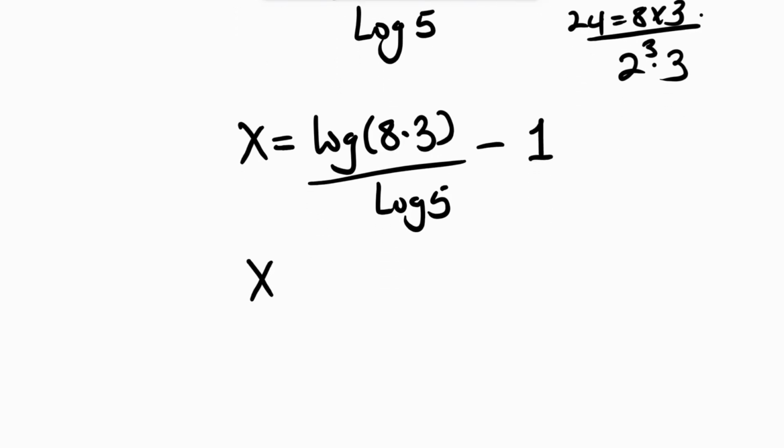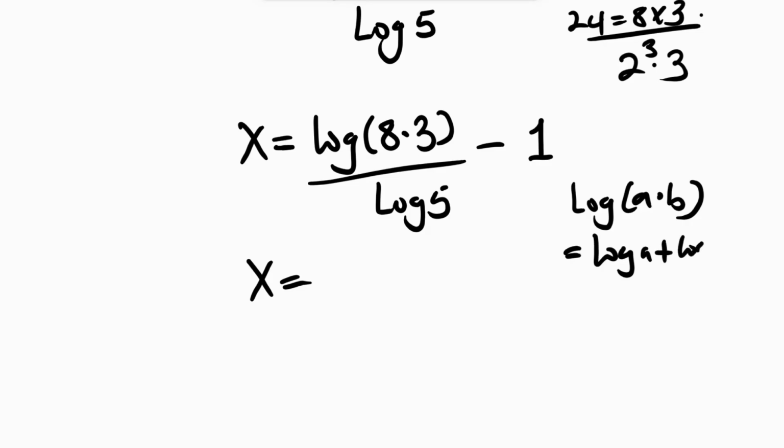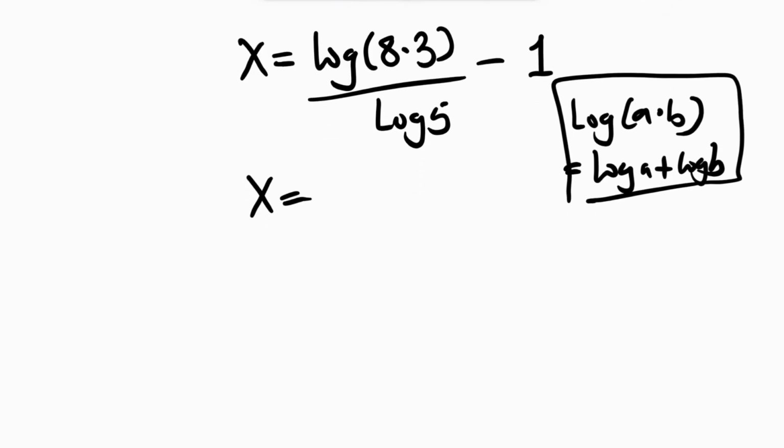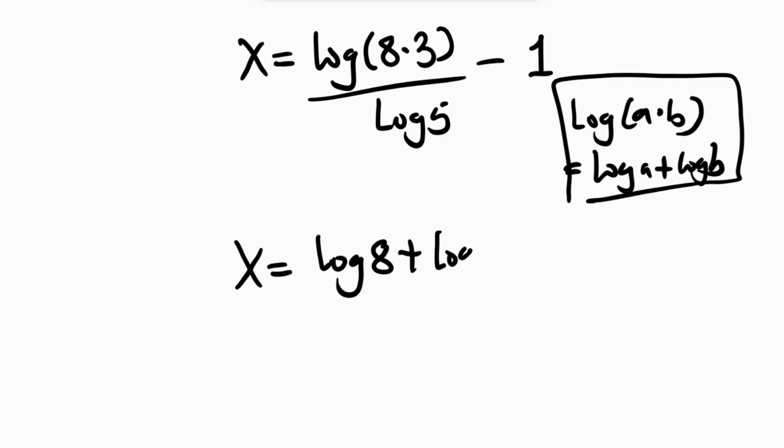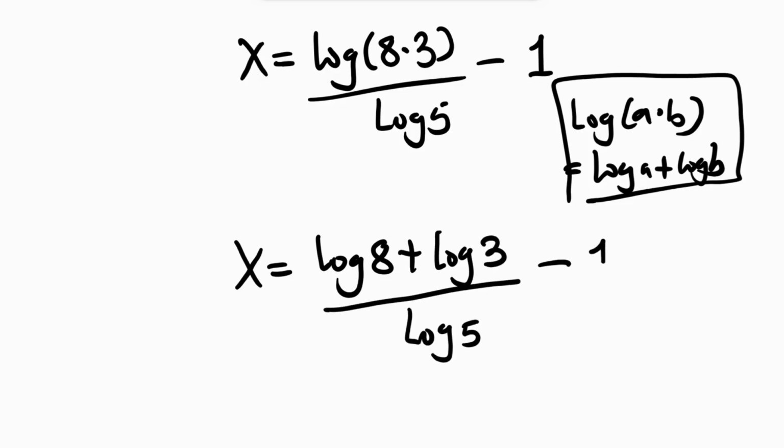Because we know that log of a dot b will give you log of a plus log b, x is now equal to log of 8 plus log of 3 divided by log of 5 minus 1.